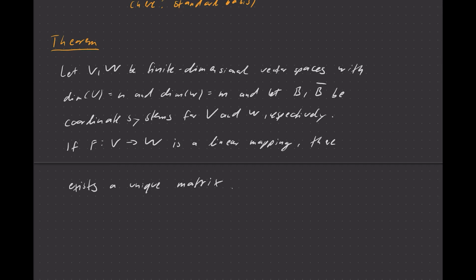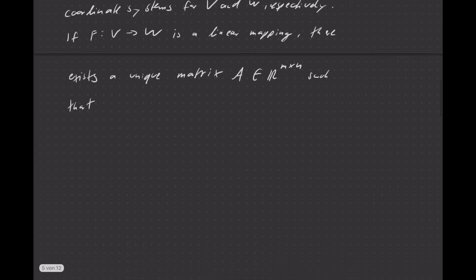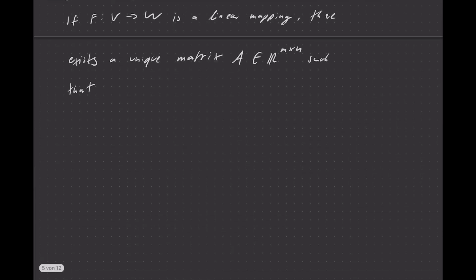We call that matrix A. That is an element in R to the m by n, such that the following holds. And that's a condition that holds for all vectors V in the domain capital V.